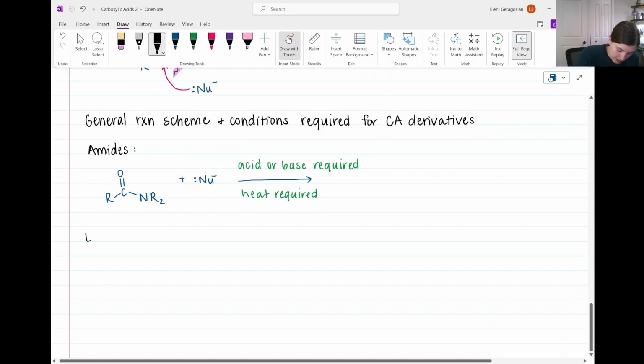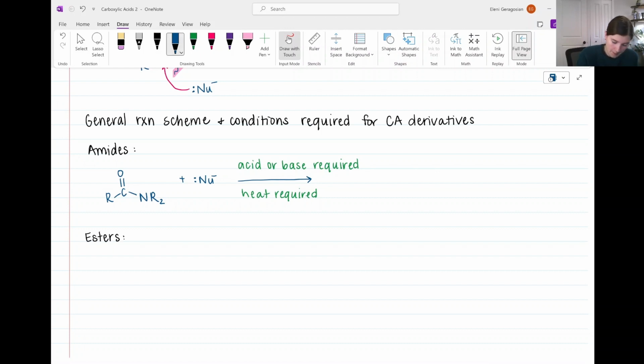Next, we'll look at esters. Esters have the acyl group right here, and then an OR group. So if a nucleophilic substitution reaction is occurring with an ester starting material, for these reactions, acid or base is required, and sometimes brief heat.